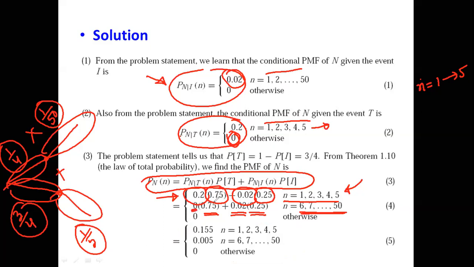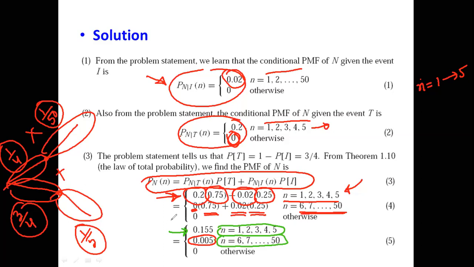After calculation, that becomes 0.05, and the previous one becomes 0.155. So this is for the first 5 value range, and this one is for the second range.